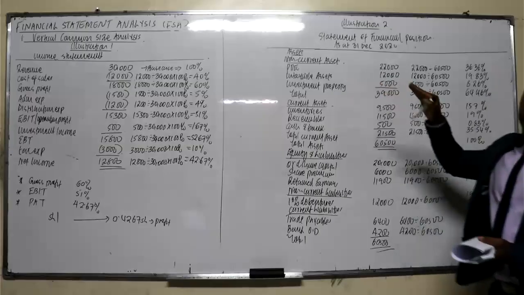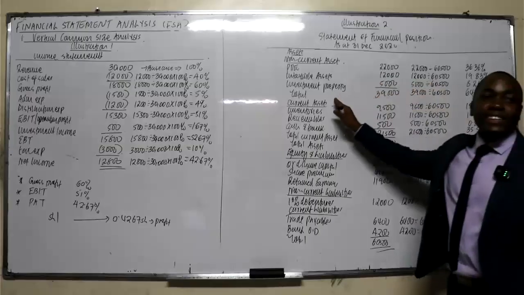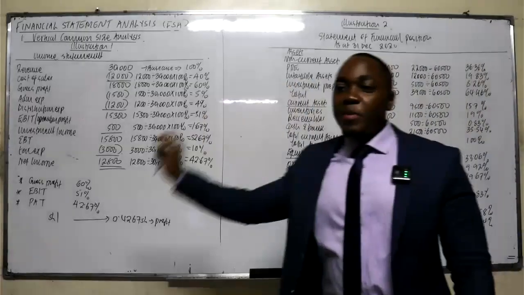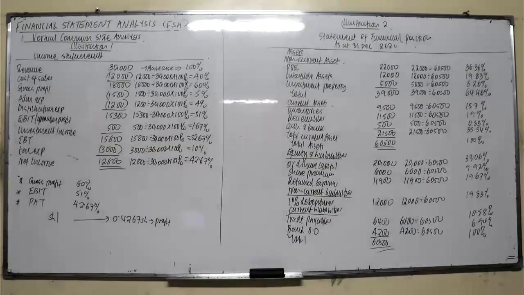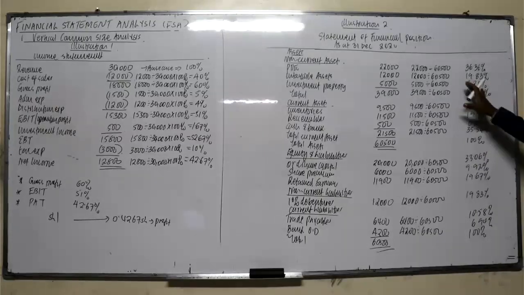Investment property, what is investment property? They are property held to earn rental income or for capital appreciation. That means we can say that of our total assets, 8.26% was invested in investment property.